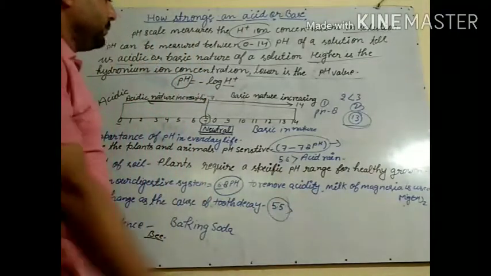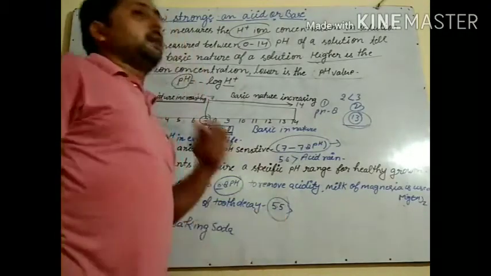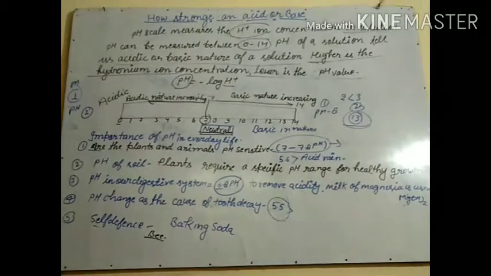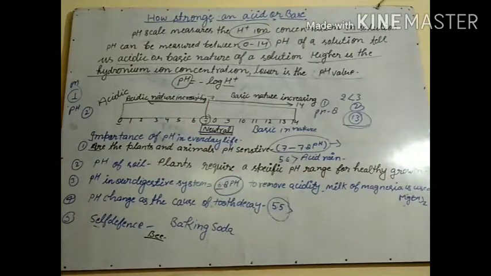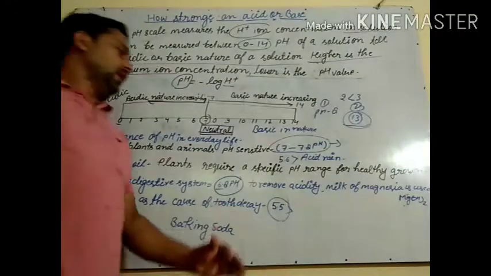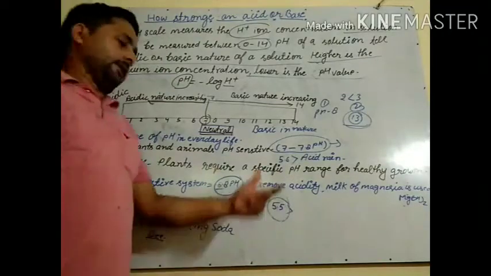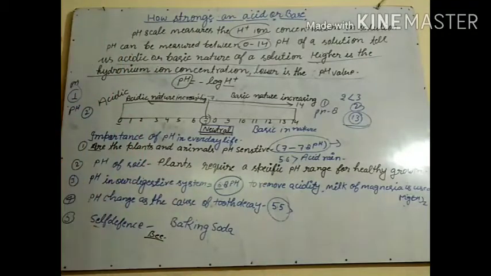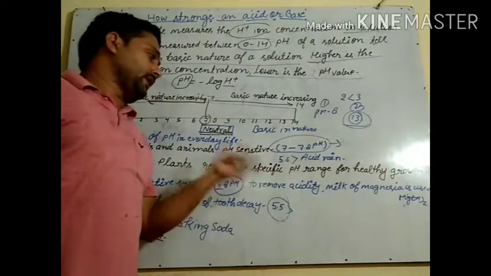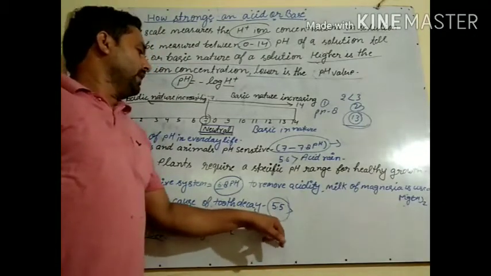To prevent this, we use different types of toothpaste, and that helps to maintain the pH of the mouth at 5.5. So pH affects tooth decay also.